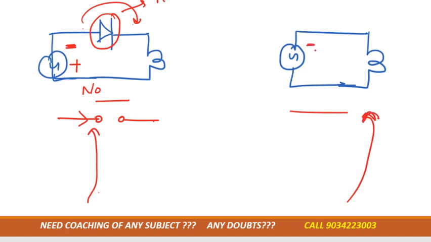Now he connects the opposite supply, negative and positive. In this case will current flow through the bulb, yes or no? As he connected the opposite supply, there is a chance of damage to the bulb. He should connect positive here and negative here, but he didn't know about it.